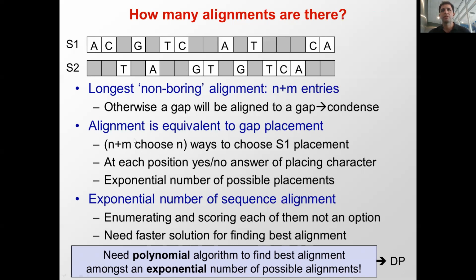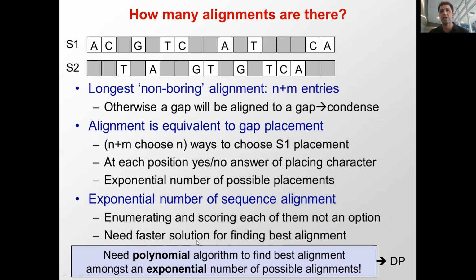And this is effectively a problem of choosing the ways that one could put gaps into an n plus m sequence for each of the sequences. At each position, you're choosing a yes/no answer of whether I'm placing a character or a gap. And that is approximately equivalent to an exponential number of possible placements. So at every position, I can choose to insert a gap or not, and then there are n such positions. So it's effectively a 2 to the n order problem.